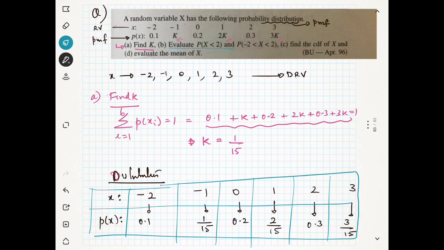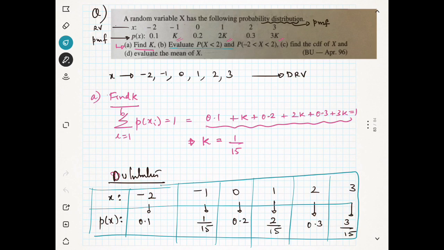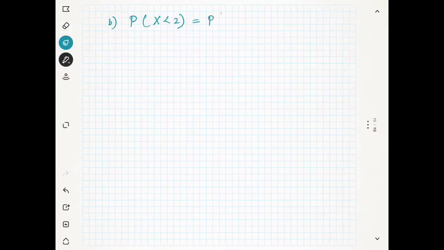So it's a very easy thing. Part B, the probability that x is less than 2. You see here x takes the values -2, -1, 0, 1, 2, 3. X less than 2 means what? X can be -2 or -1 or 0 or 1, right?